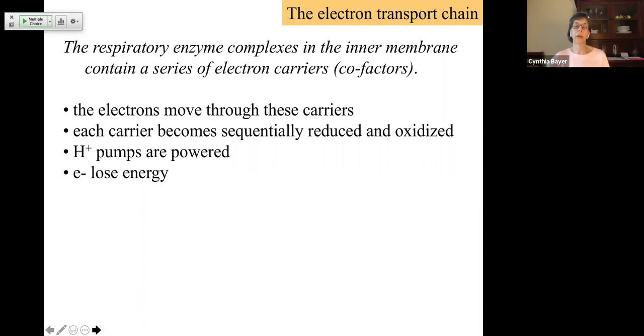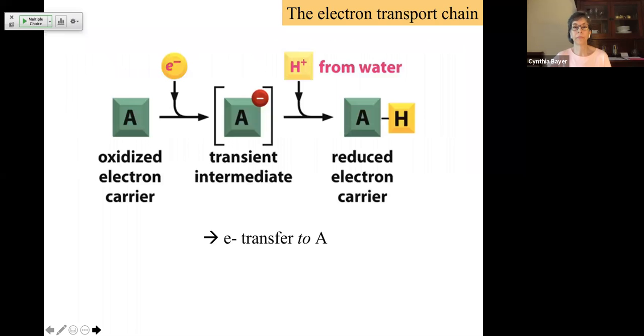So let's look at what we mean by the actual movement of the electrons, and how movement of electrons results in hydrogen ions being moved from one side of the inner mitochondrial membrane to the other side. Let's start with this example. We have an electron carrier that is in its oxidized form, so it will accept an electron. Here we have an electron that will be accepted by this carrier, and transiently it becomes negatively charged.